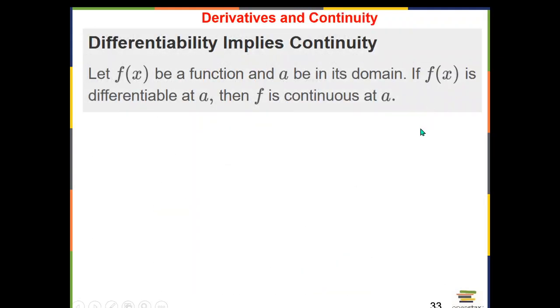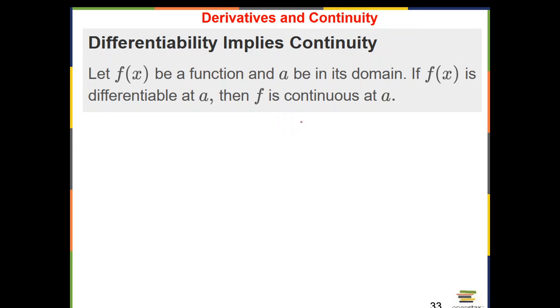All right, differentiability implies continuity. It means that if a function is differentiable at a point, it must be continuous at that point. Remember, we talked about continuity.